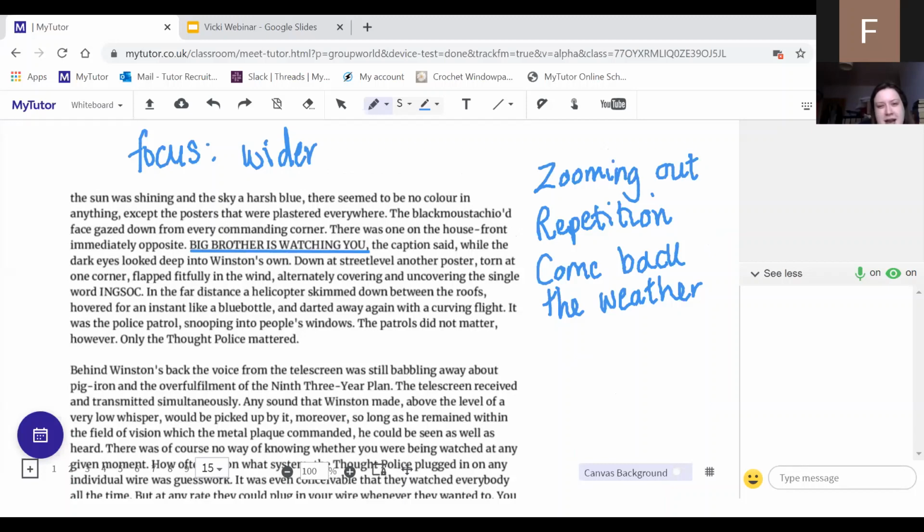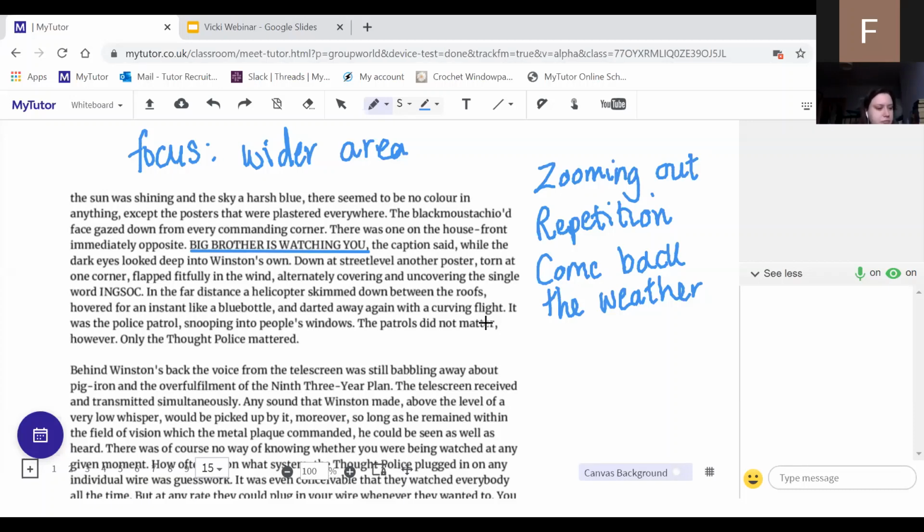Should we say wider area? Because we don't know that this is across the entire world. This could be just a country or a section of a country. So we're focusing on the wider area and how the area is being governed. So we've got the thought police being mentioned, the police patrol, and the fact that they're just going around in helicopters looking into people's windows. It sounds absolutely terrifying.